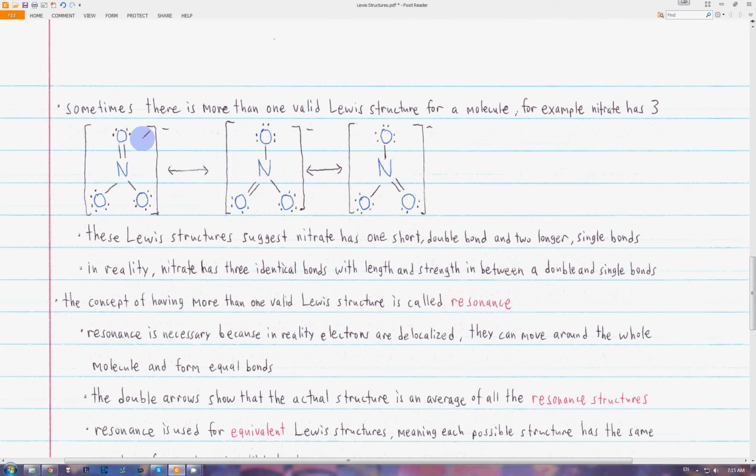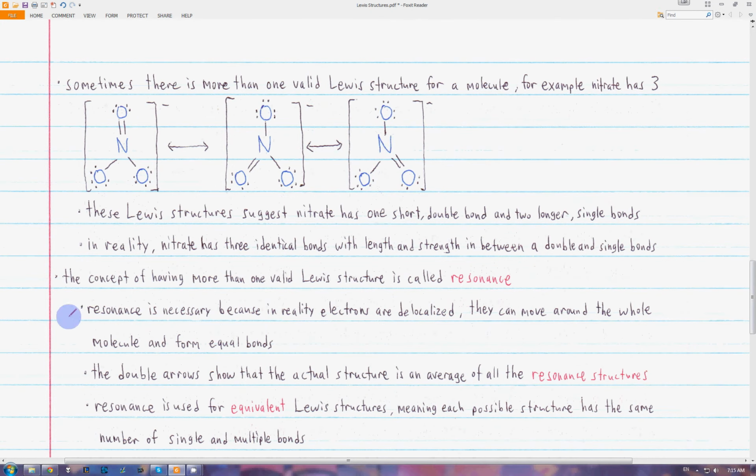So none of these structures are actually correct. The correct structure for nitrate is an average of these three structures, because in reality it only has one type of bond, not two longer bonds and one shorter bond.